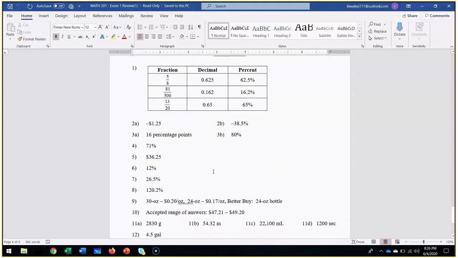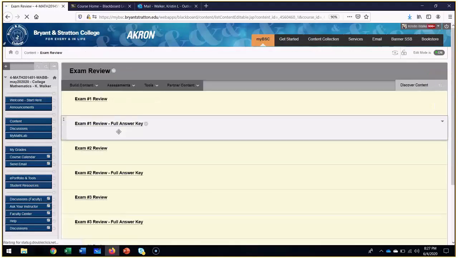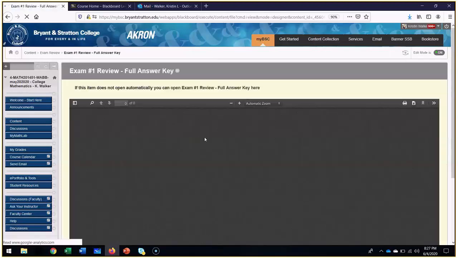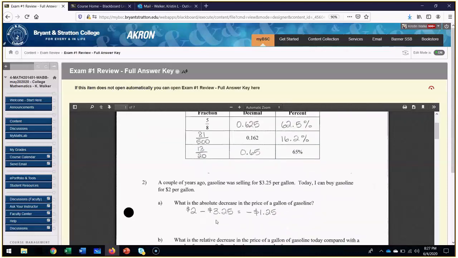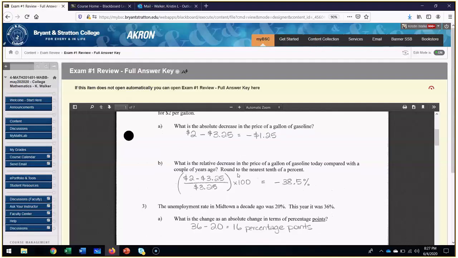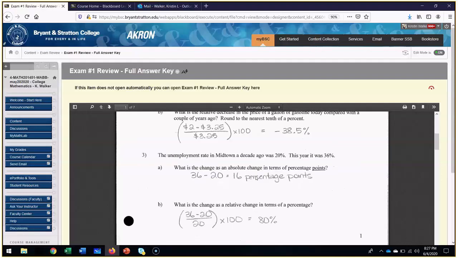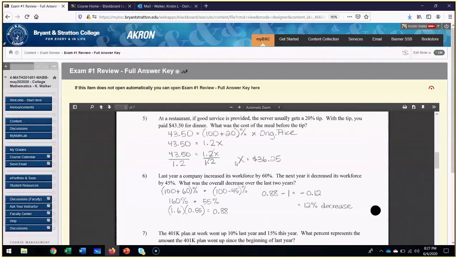Beyond this, if just checking your answers doesn't help you figure out what you got right and wrong, go back here in Blackboard. I will also post an answer key with the fully worked out solutions and how I got them. So here's my work, so you can see exactly what I did to get the answers from the answer key.